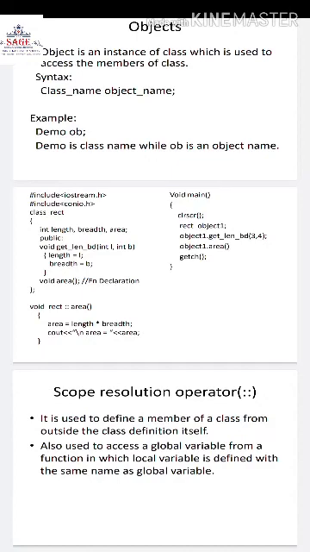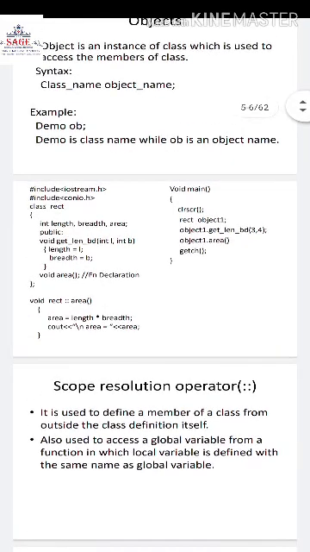Once this function is completed, then the control comes back to the main function. As it comes to the main, this L and B, which were the local variables of this function get length breadth, will be destroyed. So now we are not concerned about L and B, because we have already assigned the values of L and B to the class variables, that is length and breadth.